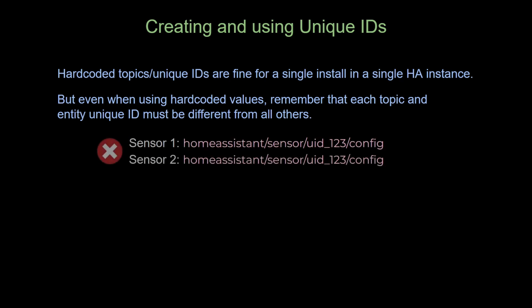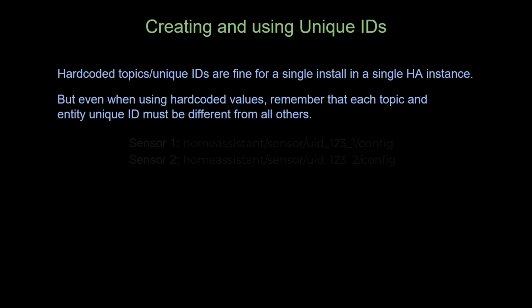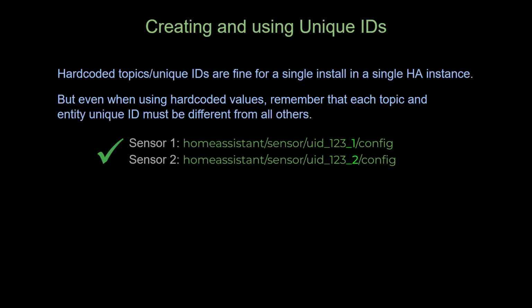For example, if I were to try to publish two sensors here with the same topic, that's not going to work. When I publish the second sensor, it's actually just going to update the configuration of the first one since they have the same topic. Instead, what you need to do is you need to differentiate between those two. Again, in this case, I just tagged a 1 and a 2 to the object or entity ID.